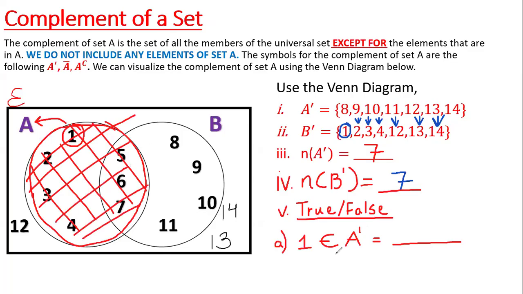So that means that 1 is not an element of A complement. And if you look at it, if this is A complement, do you see 1 here? 1 is not here. 1 is not a part of the complement of A. Does that make sense to y'all? Y'all see how it's actually false? Yes, sir. So it's false.